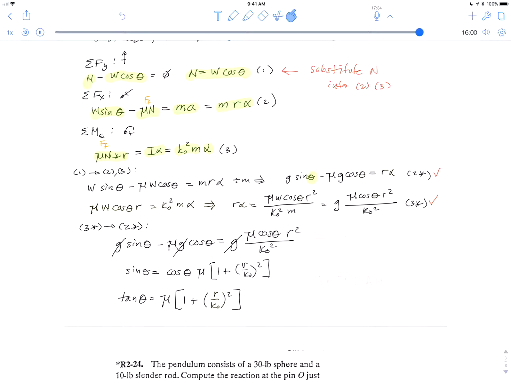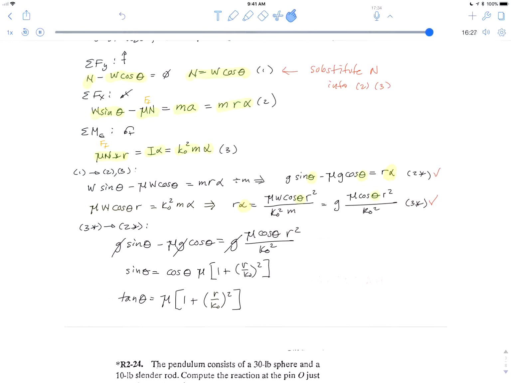Okay, so we need to solve for theta, but the problem is we don't know what this alpha is. So there's this other unknown alpha. So what we're going to have to do is solve for alpha and plug it into equation 2. And I was just being a little clever with the algebra there.